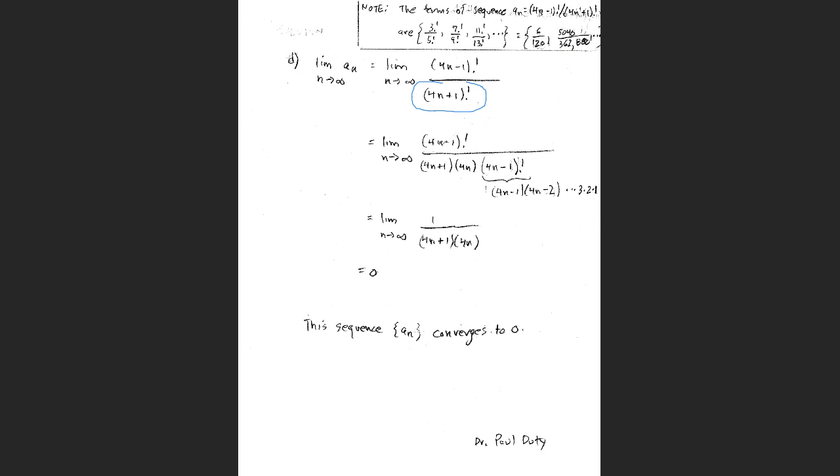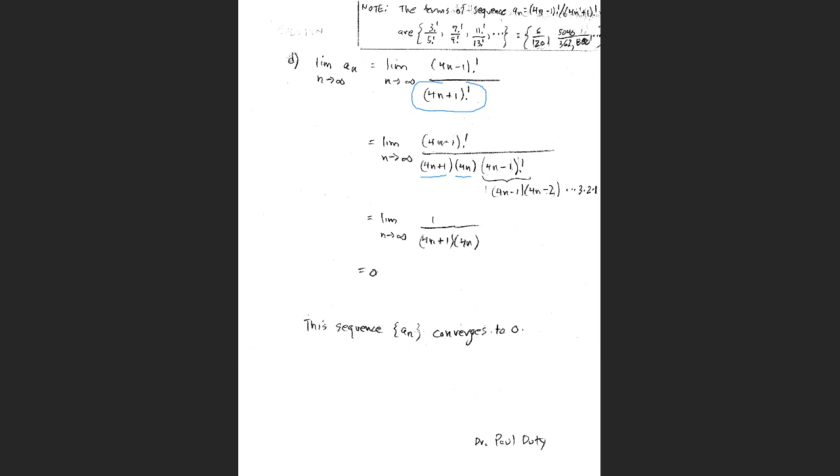So the first term is 4n plus 1. If I write (4n plus 1) factorial out, the first term is 4n plus 1. The second term is 4n, it's 1 less.